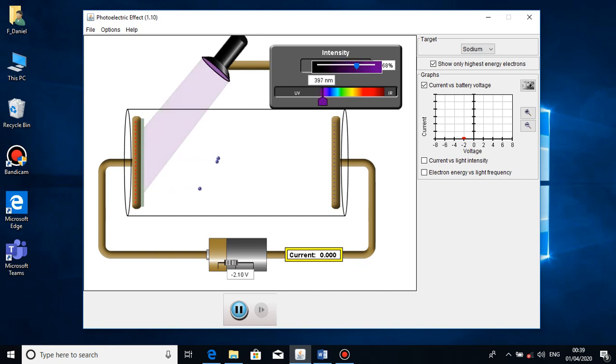At this frequency, let me say 400 nanometers, as you see, less and less electrons are extracted. And now at 530 nanometers, no more electrons are extracted, or let me say at 540 nanometers.